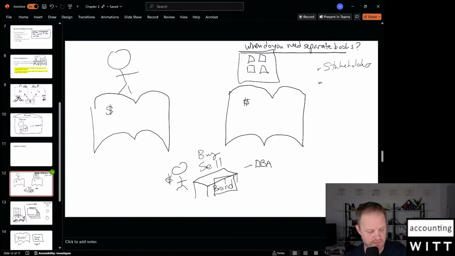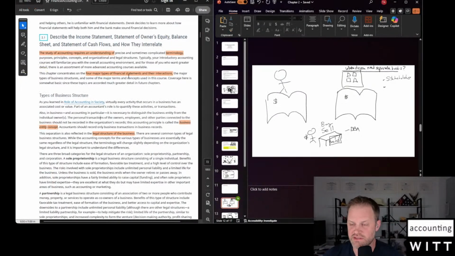Maybe that's the whole crux of this, is saying, okay, when do you want separate books? That's going to be when you're going to make a business.